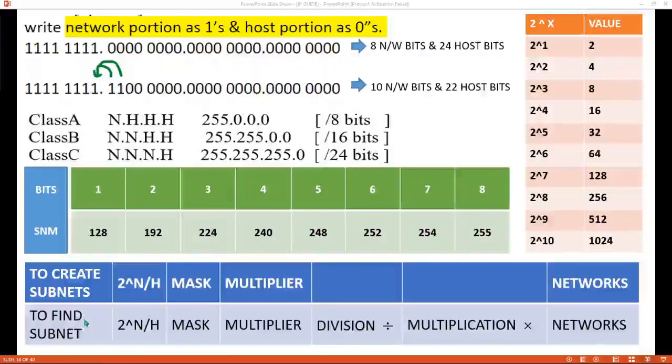If the IP address is inside any subnet and they are asking you to find the subnet value, you can simply find the multiplier, then divide the IP number and multiply it again, and you can find the networks.